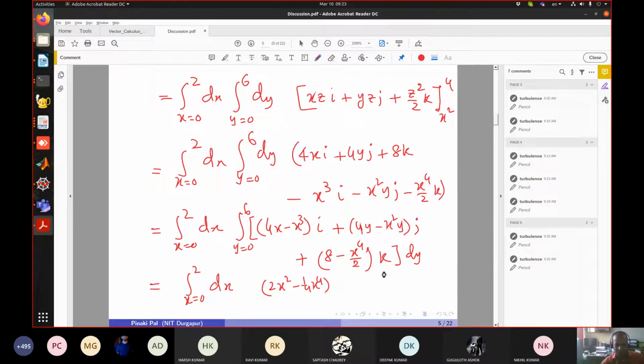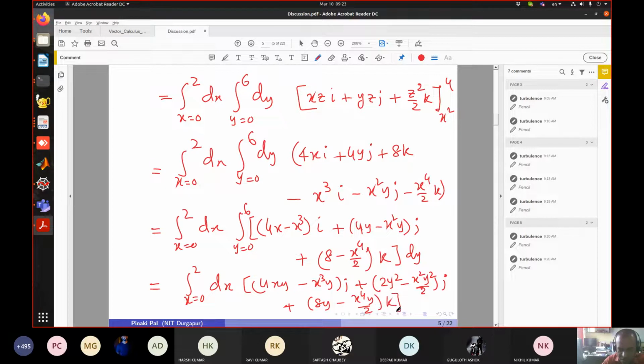With respect to y, I have to consider x to be constant. So it will be 4xy minus x cube y i, plus 4y square by 2 minus x square y square by 2 j, and then plus 8y minus x to the power 4 y by 2 k, and the limits are 0 to 6.